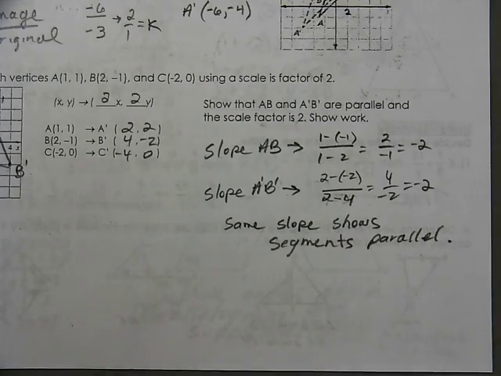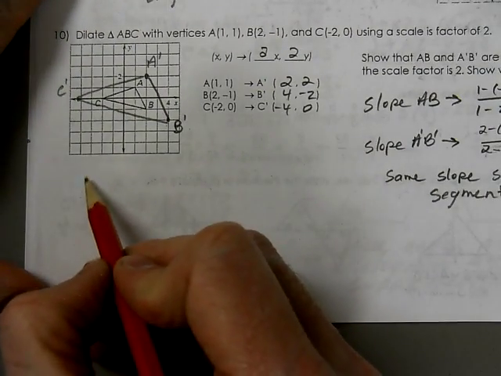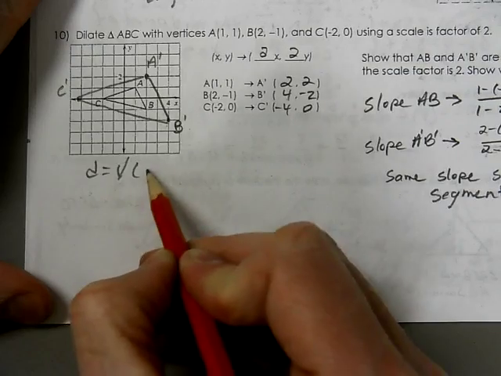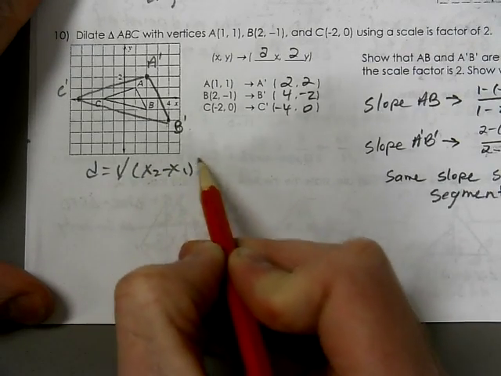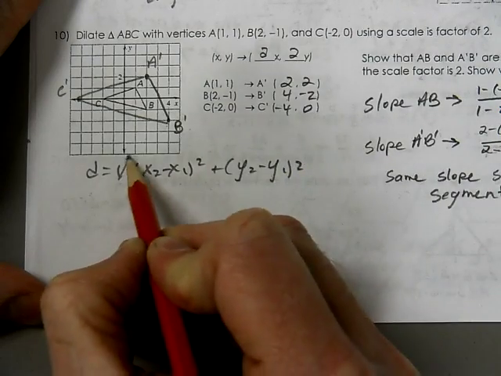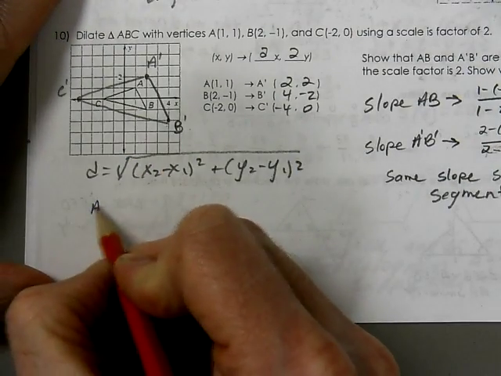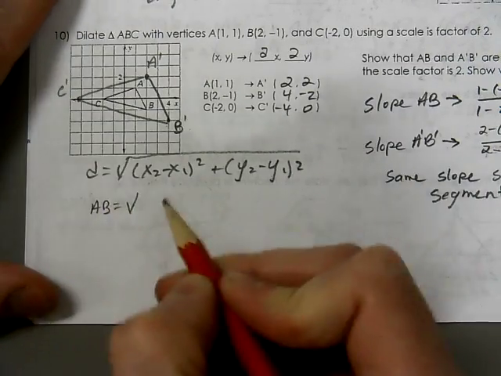Then we're supposed to show that the scale factor is a 2. I'll do it a little bit differently this time. I'll do it by actual distances. We know our distance formula is x2 minus x1 and y2 minus y1. So we're going to find out the length of AB.